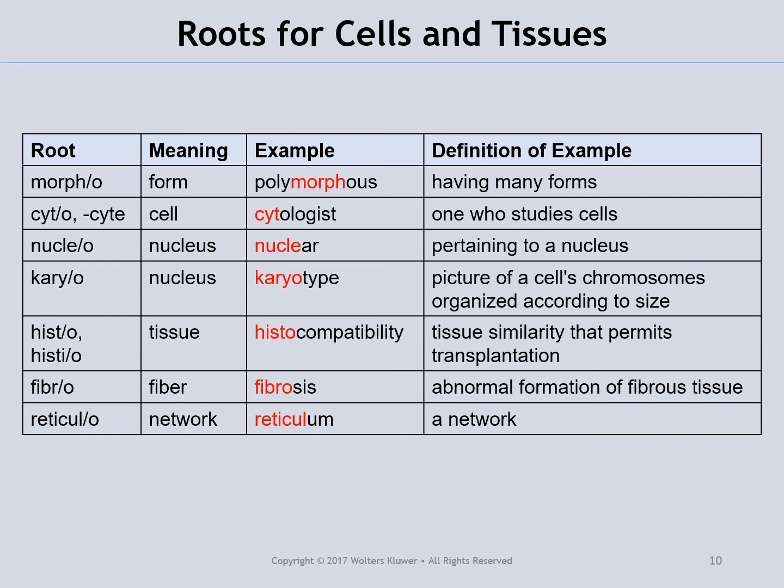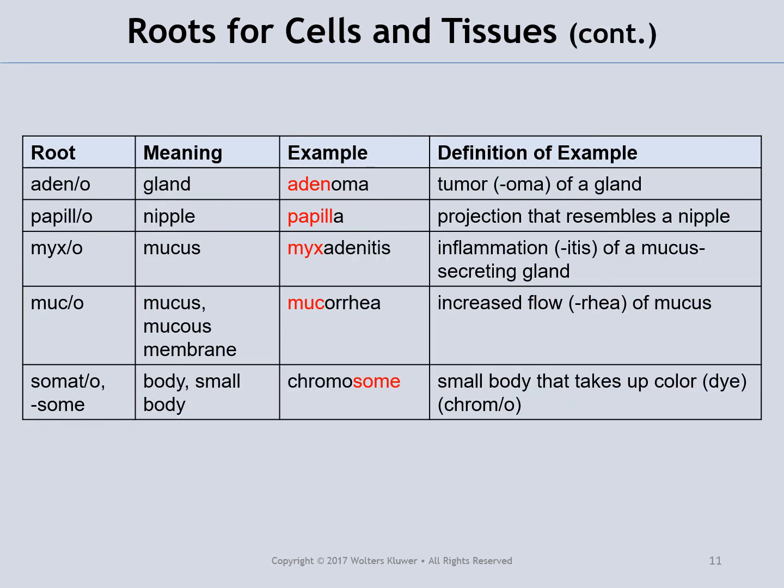Other things to point out in here, morpho refers to simply the form or the shape of a cell. Karyo and nucleo both refer to the nucleus. One is Latin, one is Greek. Adeno refers to a gland, just in general, any kind of gland. It could be a sweat gland, it could be an oil gland, it could be an endocrine gland, like maybe your pancreas.